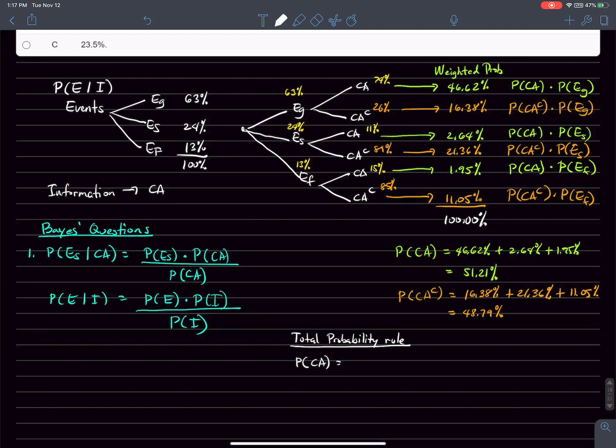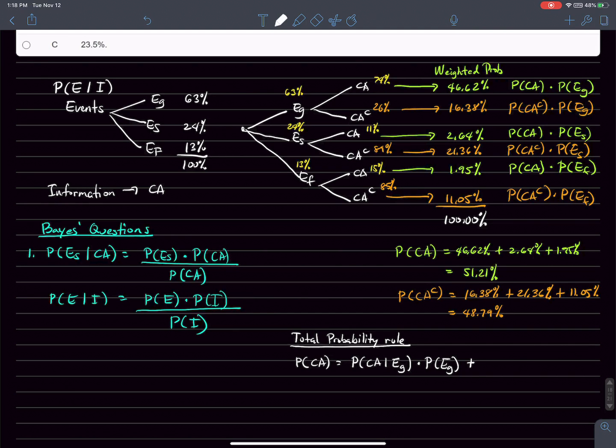So you'll have to get the probability of currency appreciating given event number 1, in our practice question the economy will grow, multiplied by the probability of the event that the economy will grow.